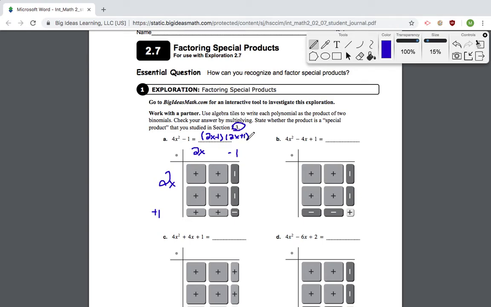And it asks, state whether the product is a special product that you studied in section 2.3. What were those special products anyways?